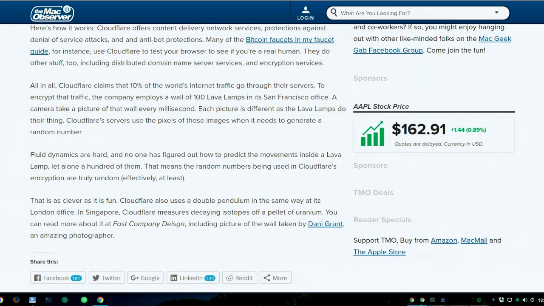To encrypt that traffic, the company has a wall of 100 lava lamps in the San Francisco office. A camera takes a picture of that wall every millisecond, and each picture is different as lava lamps do their thing. Basically, this is fluid dynamics, which is very hard to predict. It is as close to random as anything you can get. It's a very good solution, and very entertaining as well.